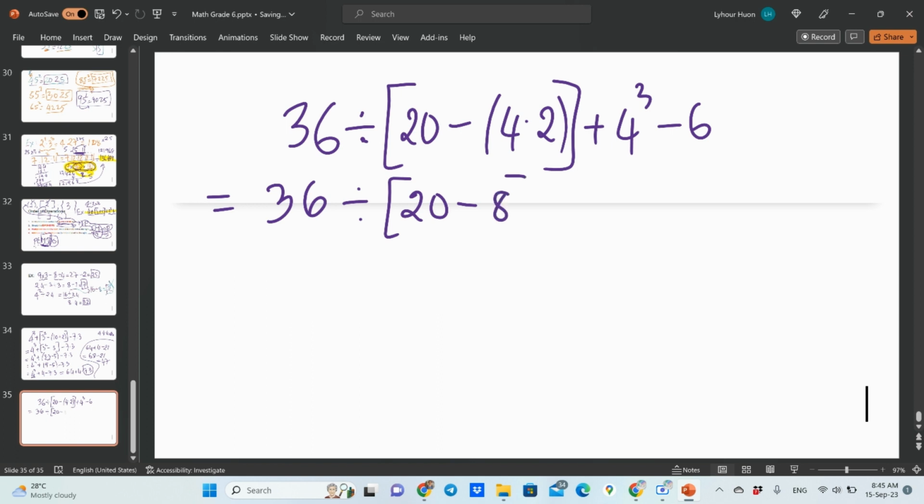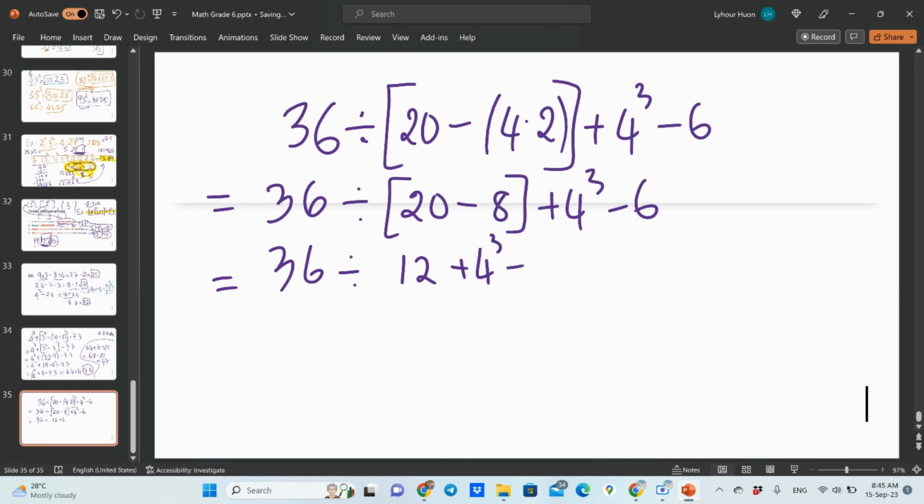So this is 36 divided by 20 minus 8 plus 4 cubed minus 6. Now 20 minus 8 is 12. Plus 4 to the power 3 minus 6. So the parentheses are gone. 4 to the power of 3 is 64, as we did a moment ago.